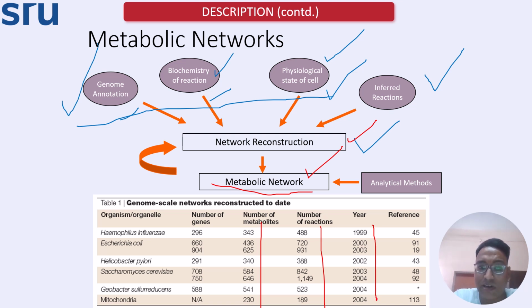I've just taken it from a research article. So many reaction steps, and this complete network of 708 genes could be connected. All right, it's so beautiful.